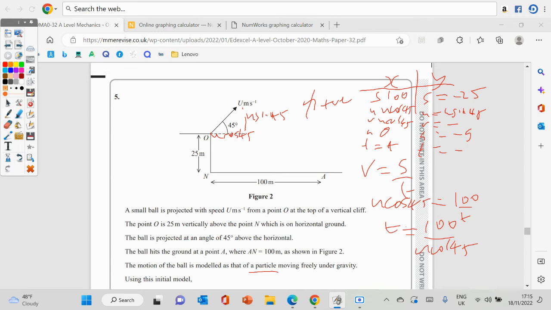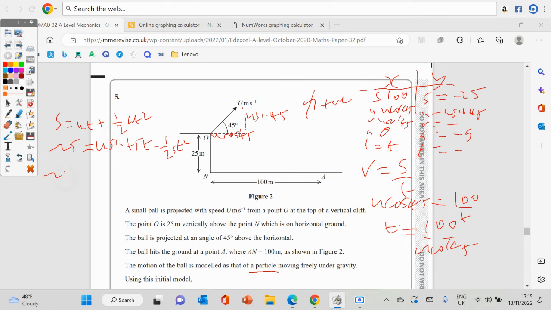Alright, so I've got a value of t. Now, I know that s is equal to ut plus a half at squared. That's the formula I'm going to use, and that's what I'm going to sub in. So I've got minus 25 has got to be the component, which is u sin 45 t minus a half g t squared.